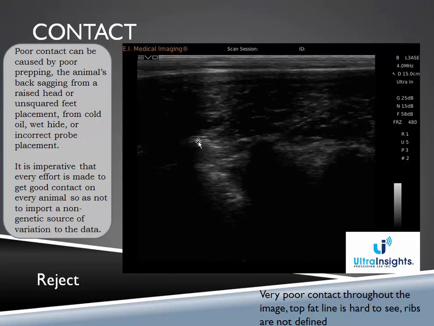So this right here is really the only place on this whole image that gives us an indication what the animal has for marbling. And this is a lot brighter and has a lot more white flecks than over here. So this image needs to be rejected. The probe was placed in a decent spot, but because of contact, we're not seeing what the animal has for marbling.